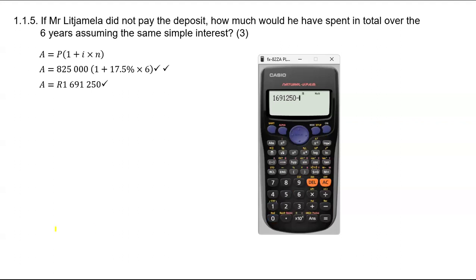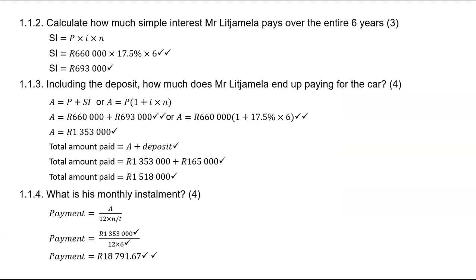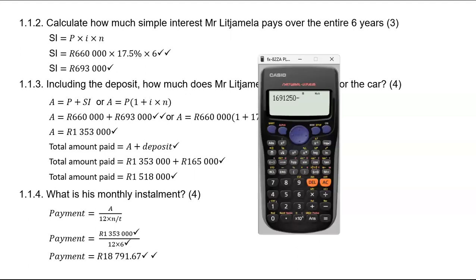You minus how much he would have paid, including the deposit, 1,518,000. And this will give you 173,250. So this is what he has saved by paying the deposit. Okay, I hope that made sense to you.